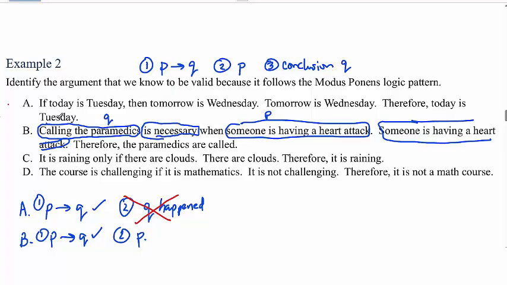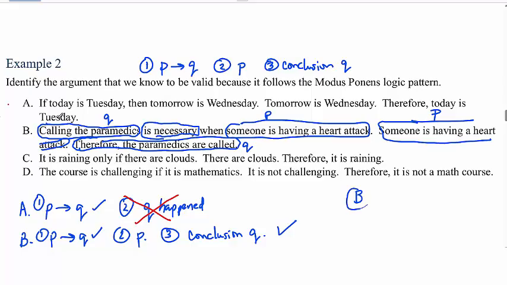Now let's see if it has the right conclusion. So the conclusion is, oh, I should put a P here. Okay. The conclusion is therefore the paramedics are called, which is Q. Okay, so the third statement, the conclusion is Q. So this does fit the pattern.